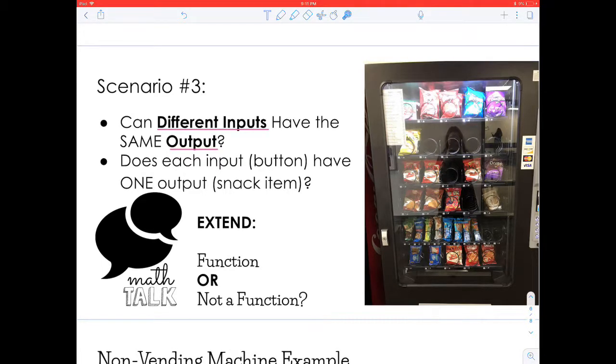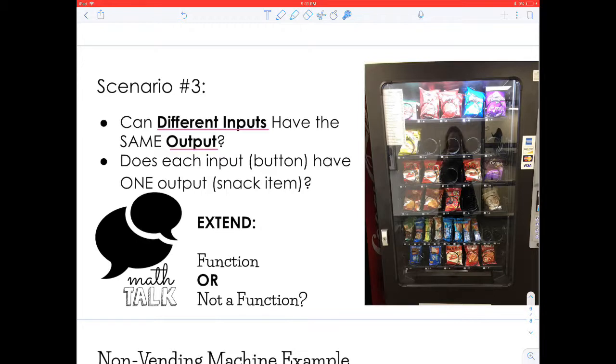And all three of them could give me hot Cheetos. Notice that happens up here for the Doritos. 2 different buttons, but they have the same output. And as well down here with the Cheez-Its. Okay, so think about this one. Does each input have one output? Meaning, is it a function or not a function?